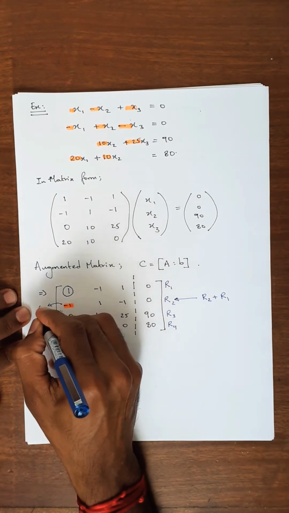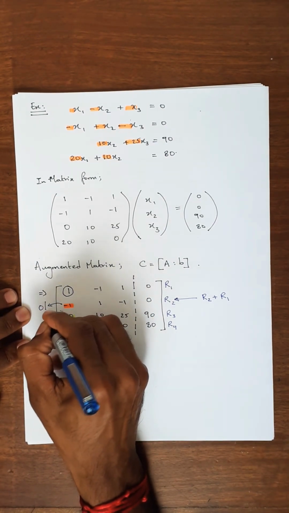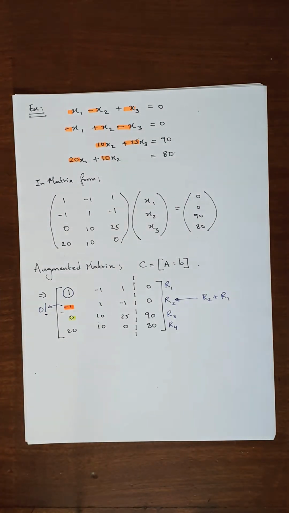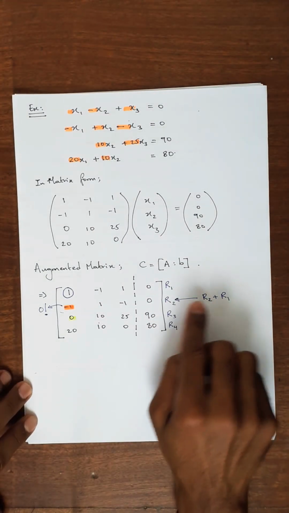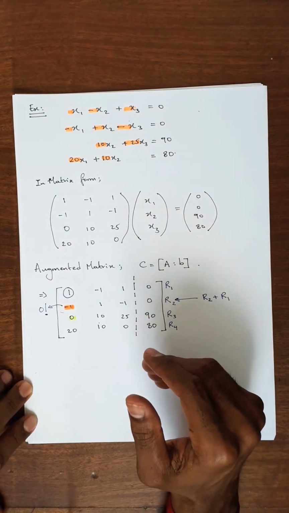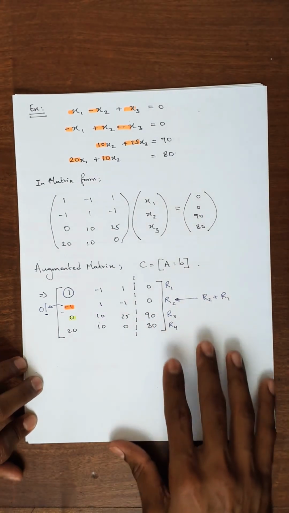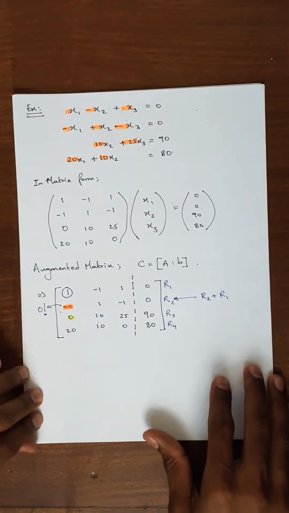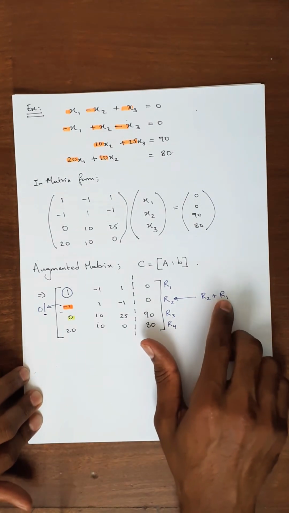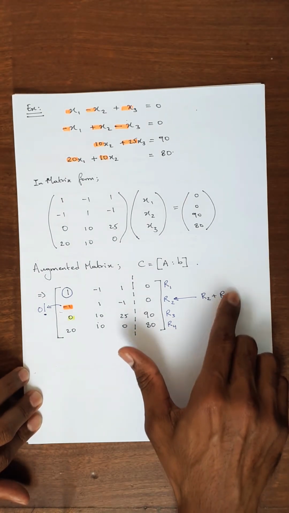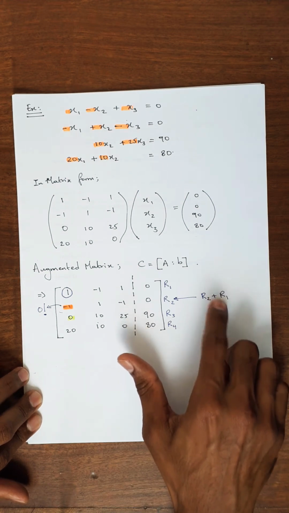Now understand that this is a principle: you use the row where you have the pivot value.